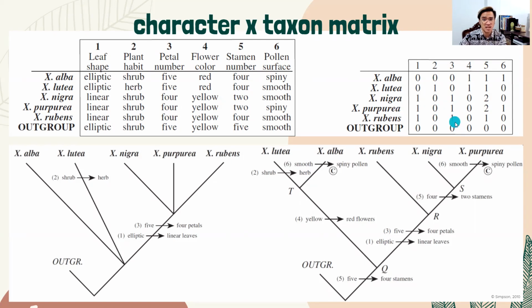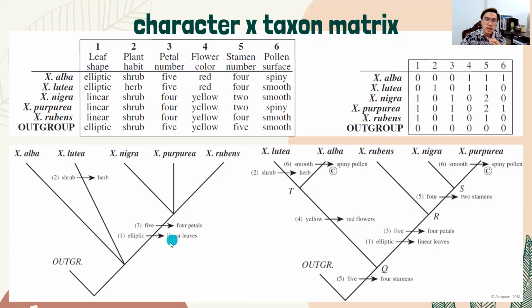They have the same character states, at least for characters 1, 2, 3. So we can show here in the first node that we can come up with from this matrix, that you can group together a cluster X nigra, X purpurea, and X rubens.